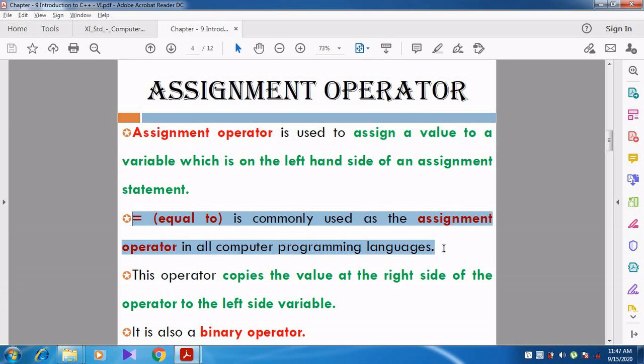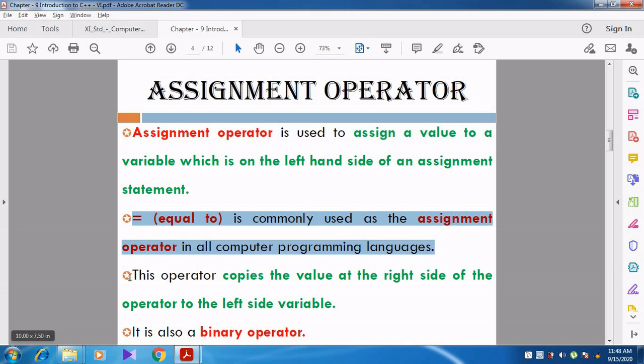Which is called the assignment operator? Equal to is called the assignment operator in most of the programming languages. So whatever is on the right hand side of the equal to, it may be a value or it may be anything, that is going to be assigned to the left hand side variable.